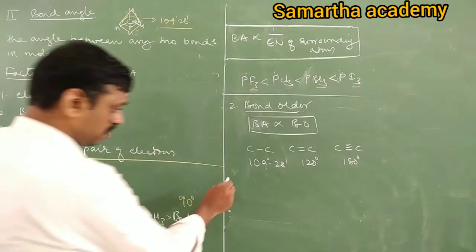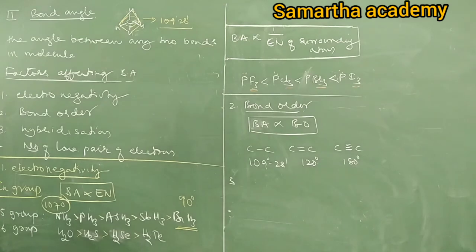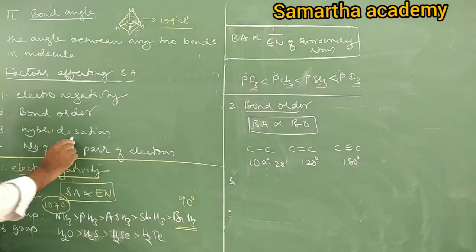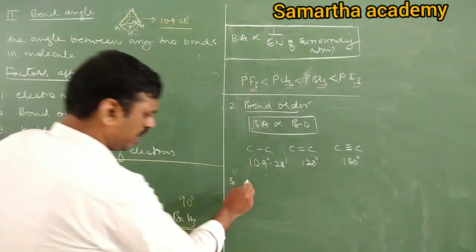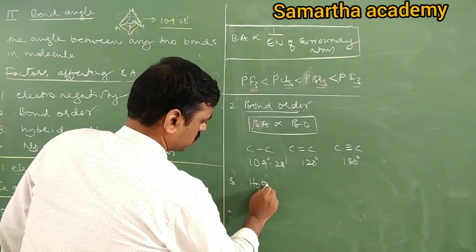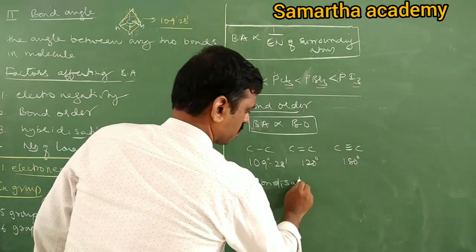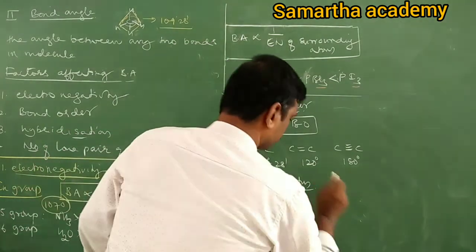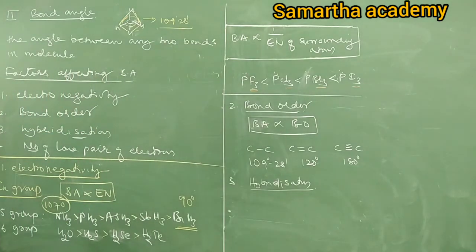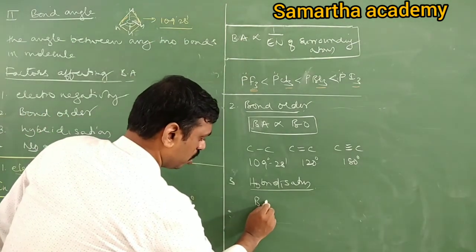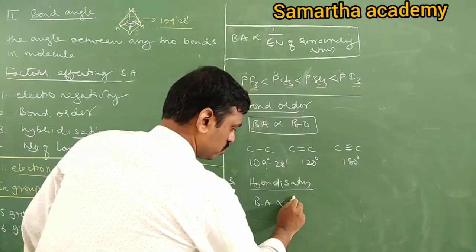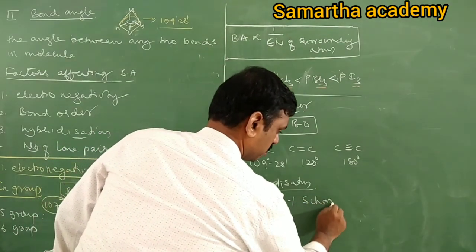Next, third factor is hybridization. Bond angle is also directly proportional to the percentage of s character. Yes or no?